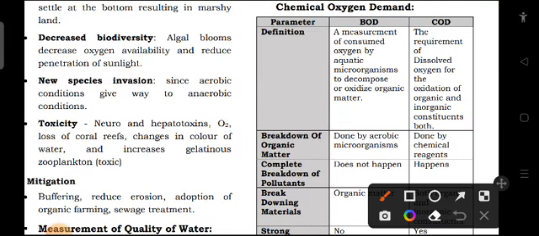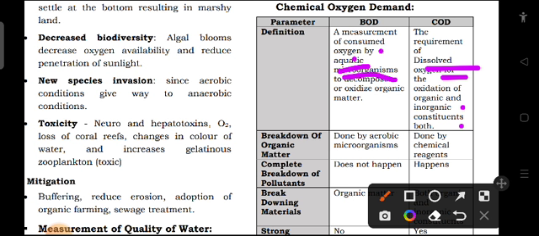BOD is the measurement of oxygen consumed by aquatic microorganisms to decompose or oxidize organic matter, the amount of oxygen required by aquatic organisms. COD is the requirement of dissolved oxygen for the oxidation of organic and inorganic constituents or both.